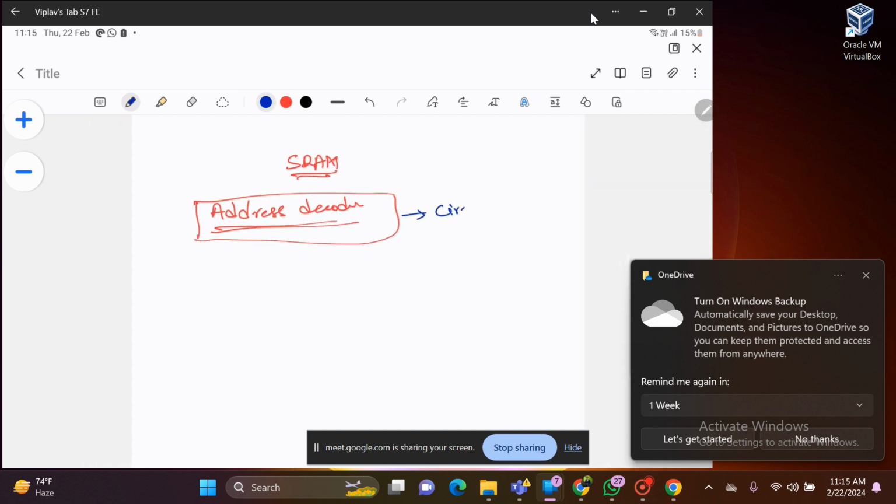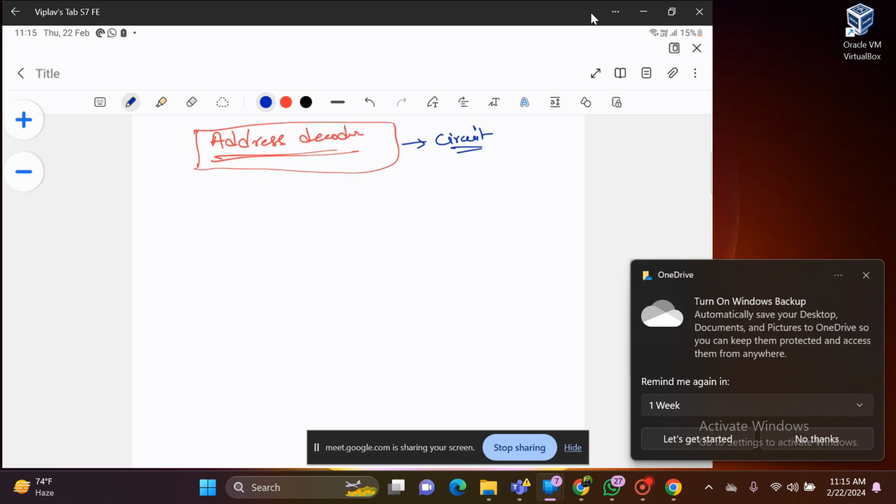How you are designing the circuit is the main factor. What is a decoder, do you know? Encoder, decoder, yes.